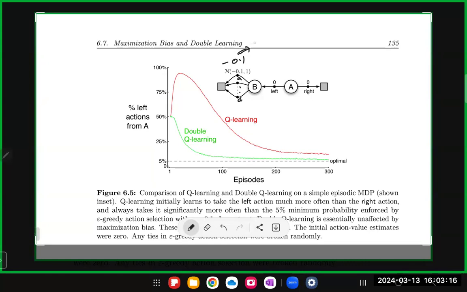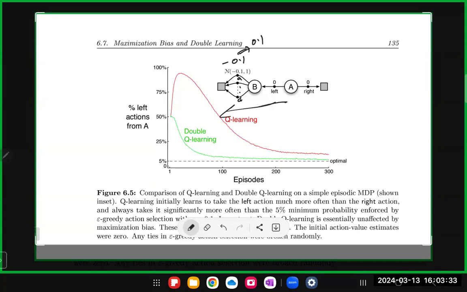If it estimates it to be more than 0, then it might think this is the best action, right? If it overestimates and thinks of it as 0.1 instead of minus 0.1, then the best action will look like the left action, right?